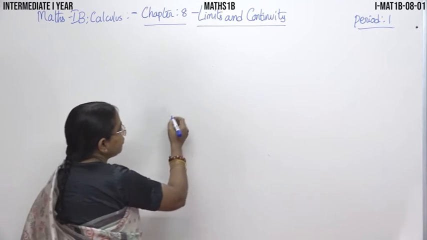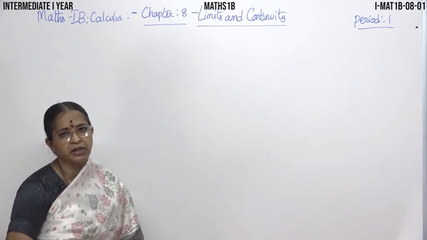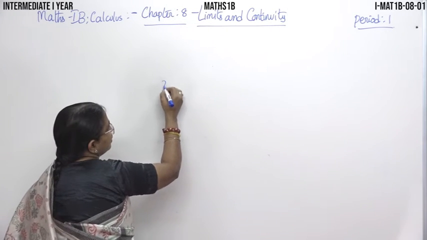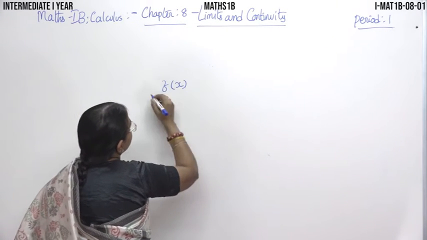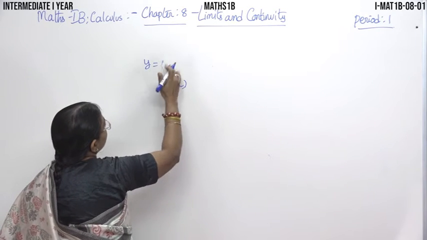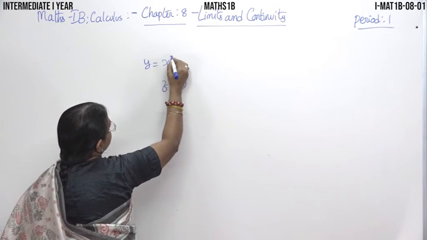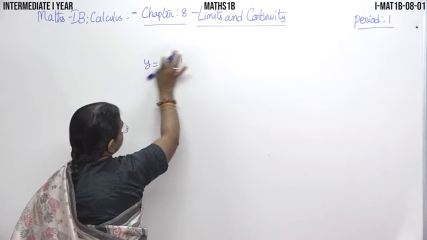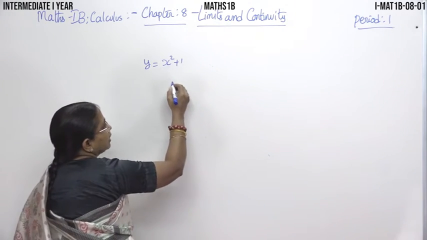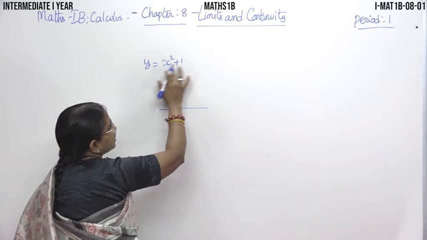Okay, next, in the functions chapter, you learn many kinds of functions. You have y is equal to f of x, like y is equal to 2x plus 3 or x square plus 1. Suppose you have an equation like this. You have drawn graphs of all these functions, isn't it?